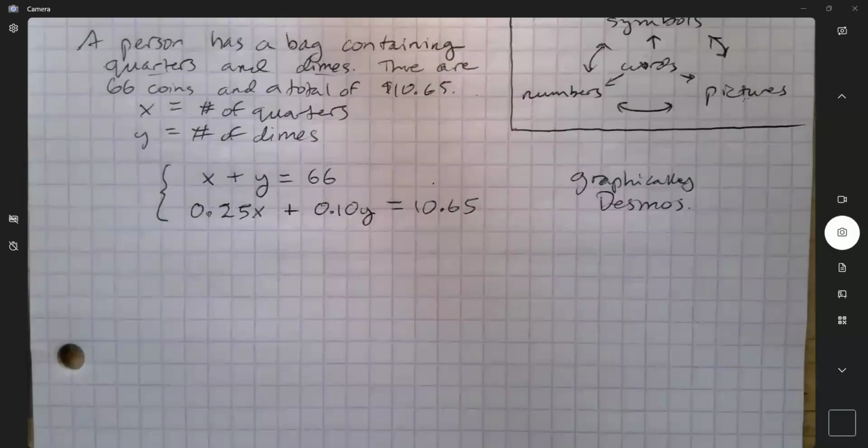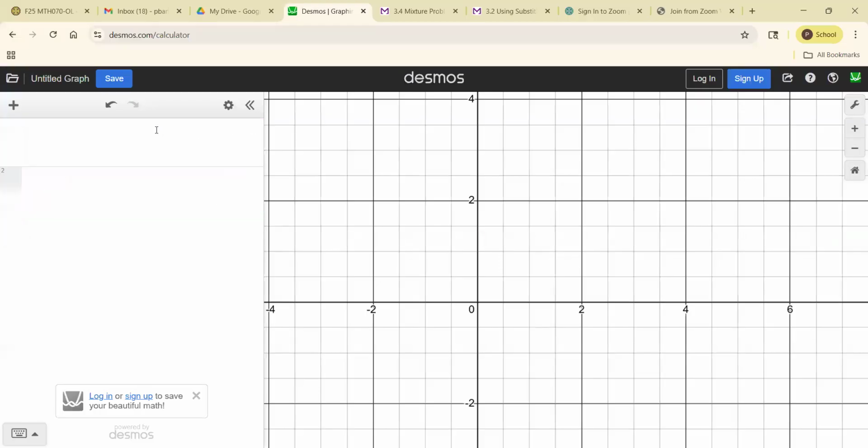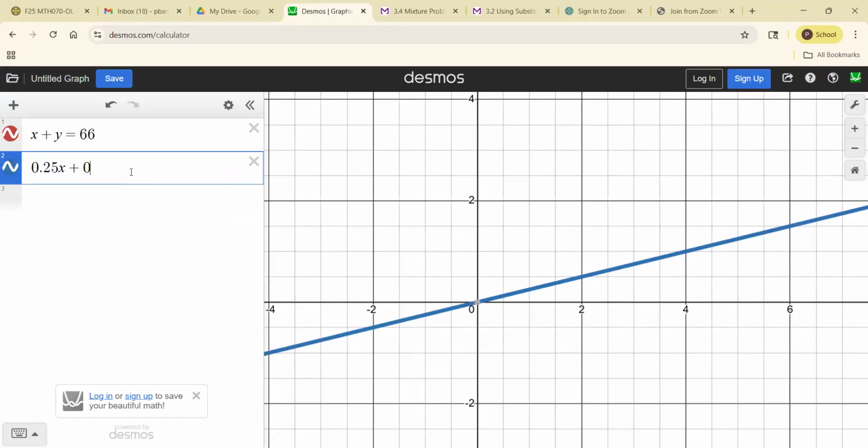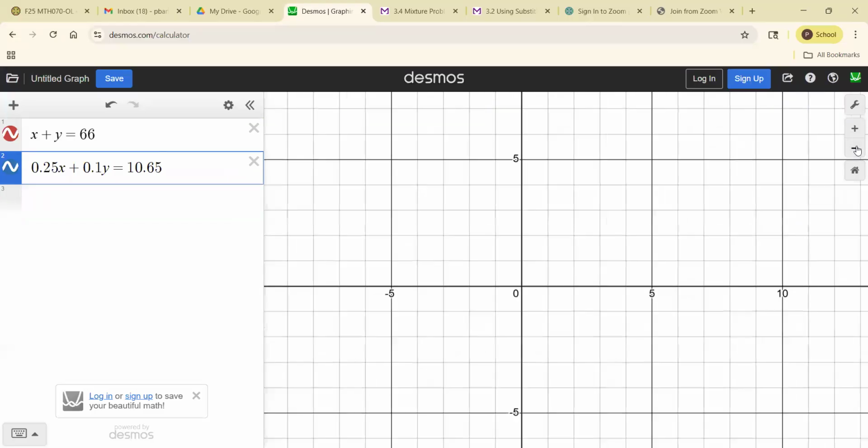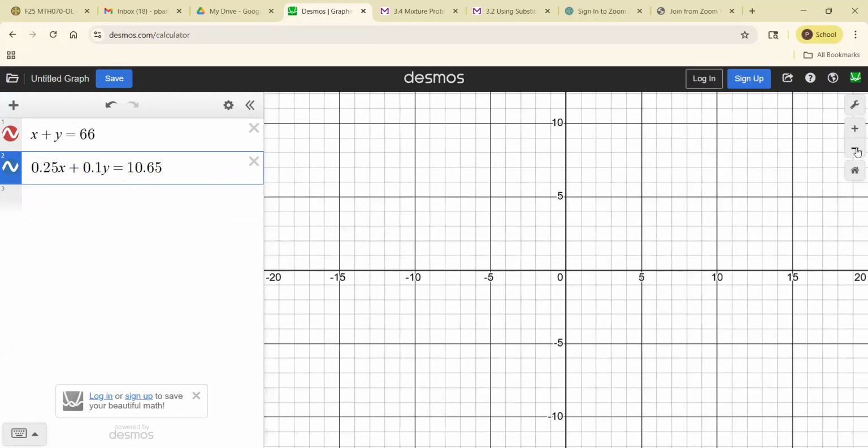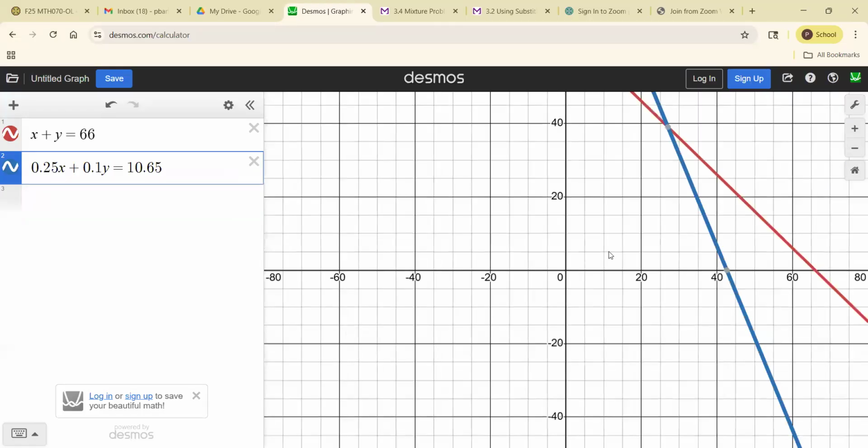Okay, here's Desmos. And I put my two equations in there. I have x plus y equals 66 and 0.25x plus 0.1y equals 10.65. And you might say, where are the lines? Well, probably they're just not in the viewing field. So let's zoom out a little bit and see if we see them.